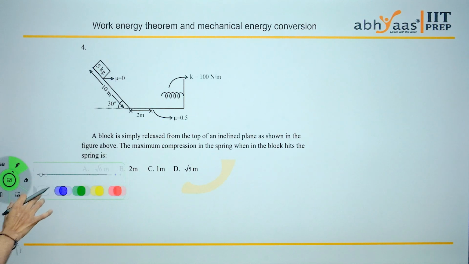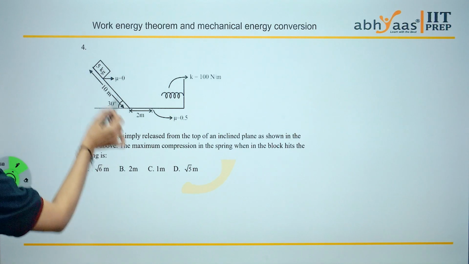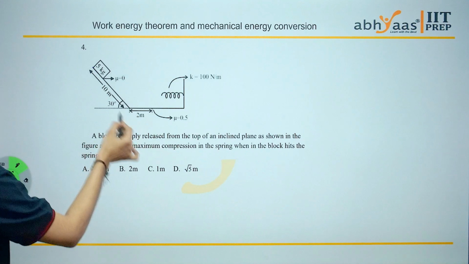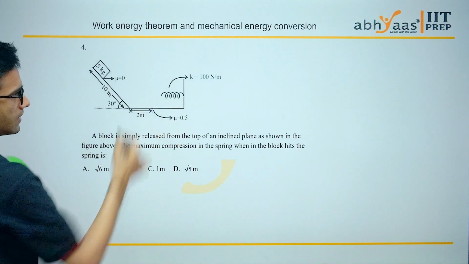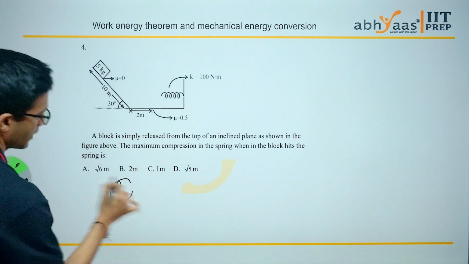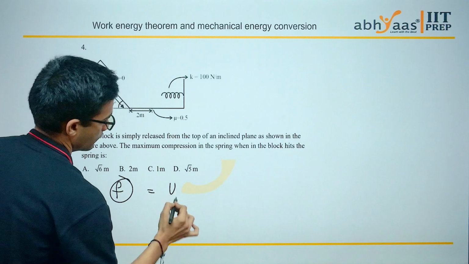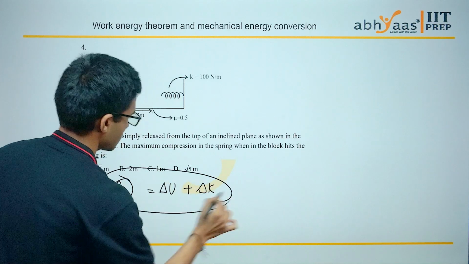Now going to this one. Here a 5 kg mass is coming down, 2 meters it goes like this, and it hits a spring. Here frictional force is there, so that is equal to delta U plus delta K. Energy is converting.